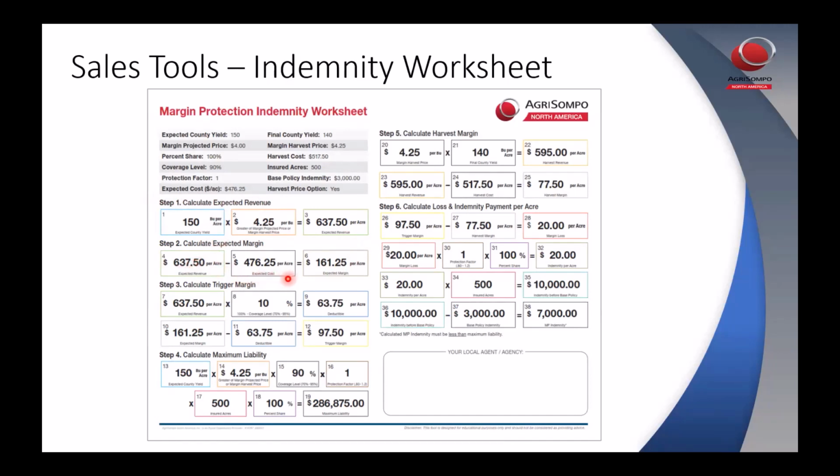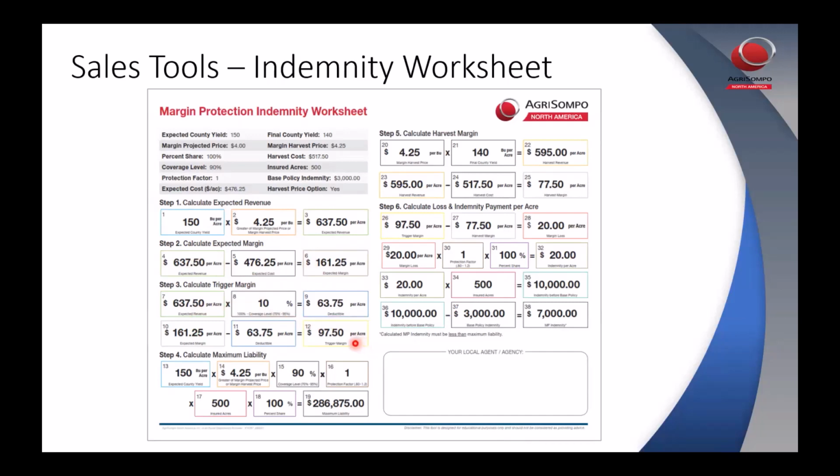Now, the expected cost is going to be the fixed cost plus the variable cost, and that's going to establish our expected margin. And then you're going to take your trigger, and to calculate that, you're going to take your expected revenue times your coverage level, and you're going to see what you have to be at from the county to trigger a loss.